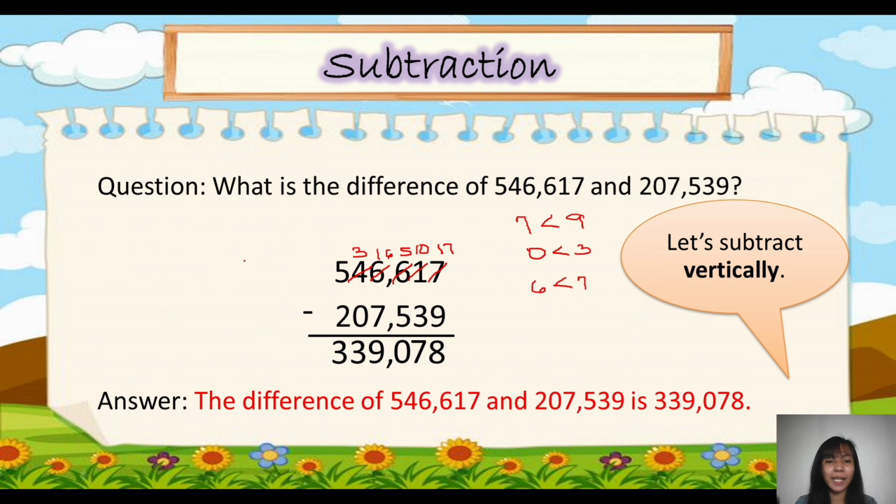So the difference of 546,617 and 207,539 is 339,078. Alright? So again, you have to remember the rules in subtracting numbers, so that it will be easier for you to get the difference of the two numbers.